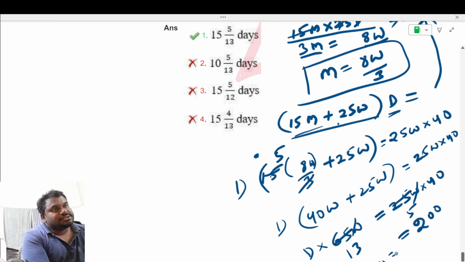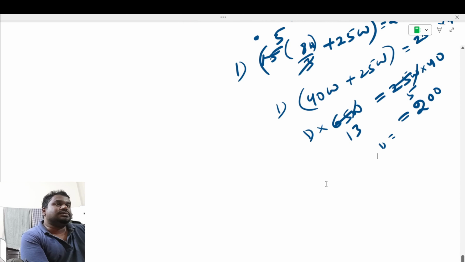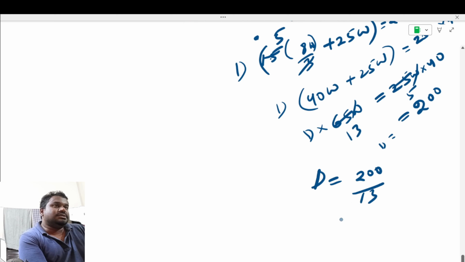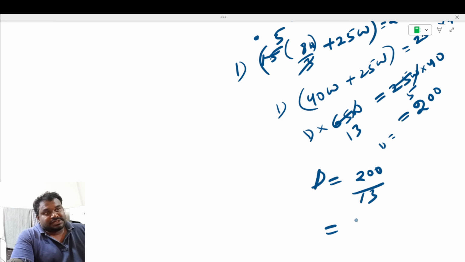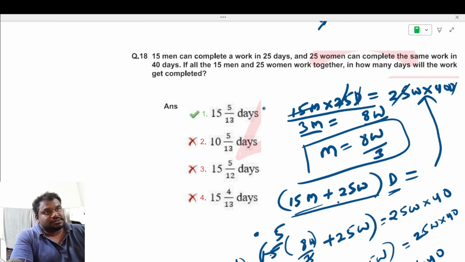So D is equal to 200 by 13. So 13 tens are 130, 13 15s are 195. 5 remains divided by 13. So it means that the first option.